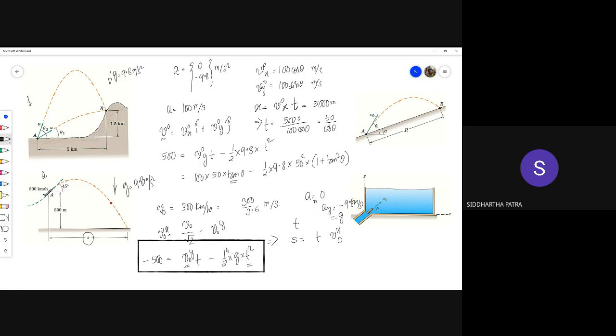If you use this equation, once I take this 500 to the right hand side, or take all of these things on one side, I'll be getting 1 by 2 g t squared minus v0y t minus 500 equals 0, which basically means one of the solutions of t should be greater than 0, the other one less than 0. Because you see, this sign right here is negative. So one of the quantities would be positive, the other one negative.